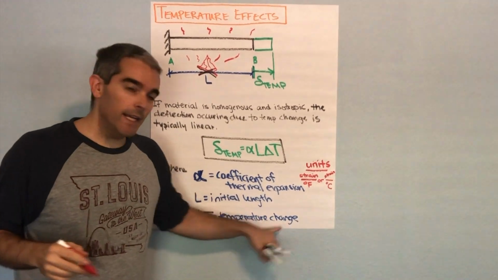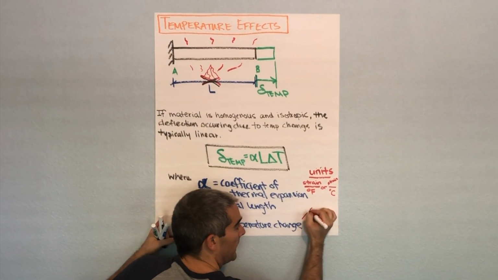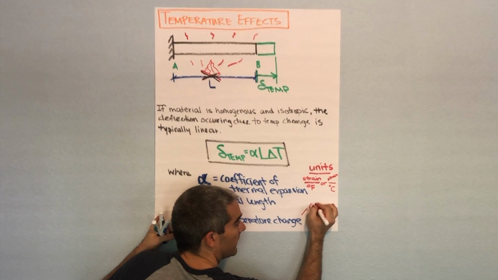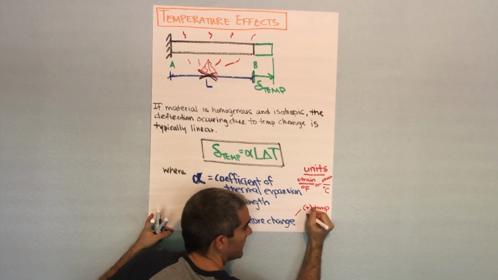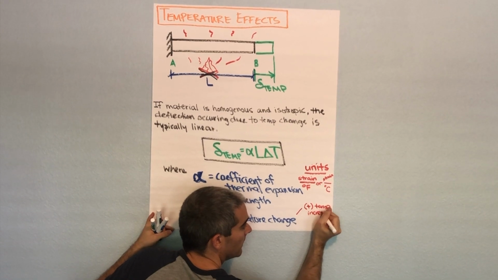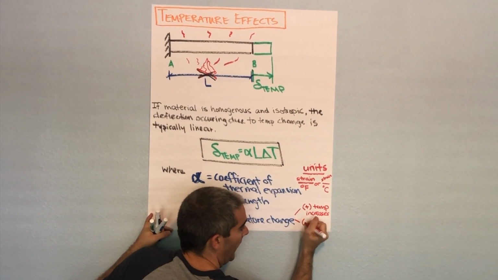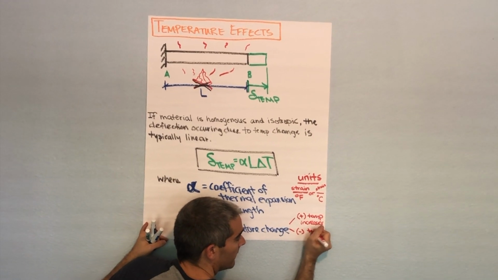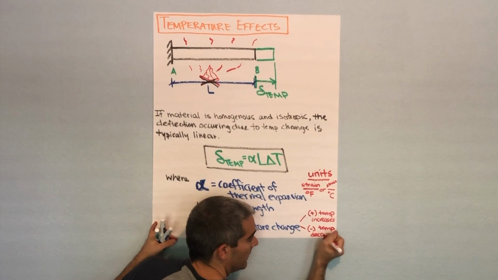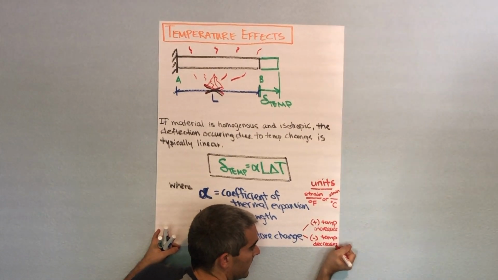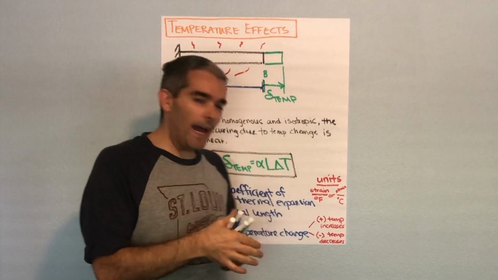For temperature change, we want to note that we will typically use positive for temperature increases, and negative for temperature decreases. And so we do that to correlate with our sign convention.